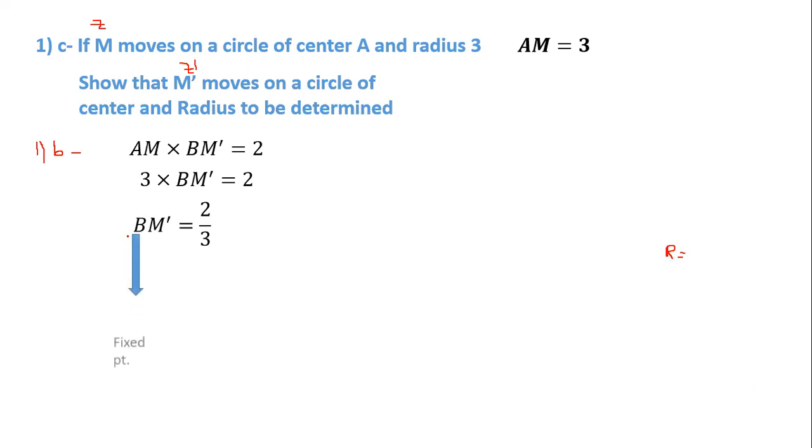From the beginning of the question, B is a fixed point and M prime is a variable point.